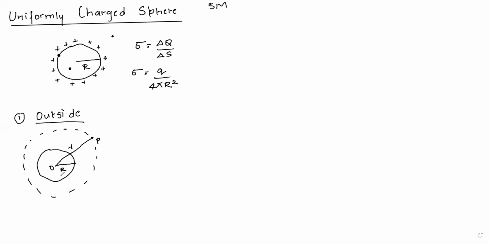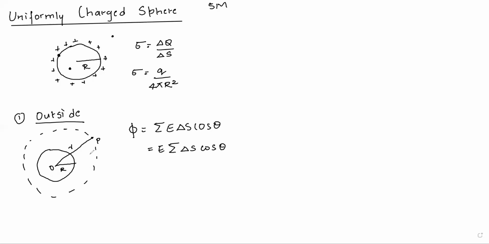Very simple. So now the electric flux due to this sphere will be psi is equal to summation of E delta S cos theta. I can take E outside, and summation of delta S cos theta.